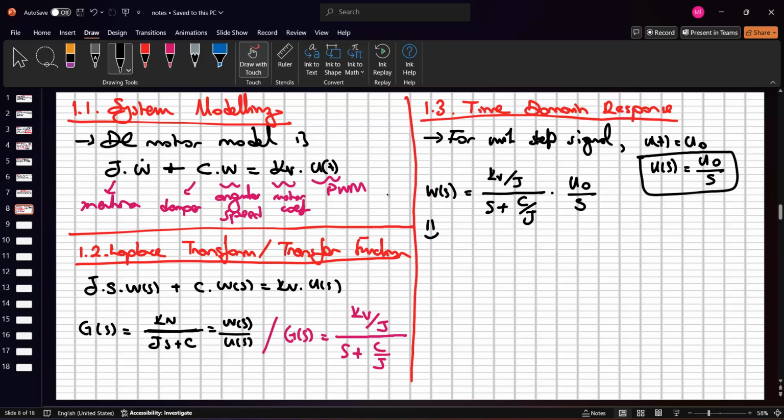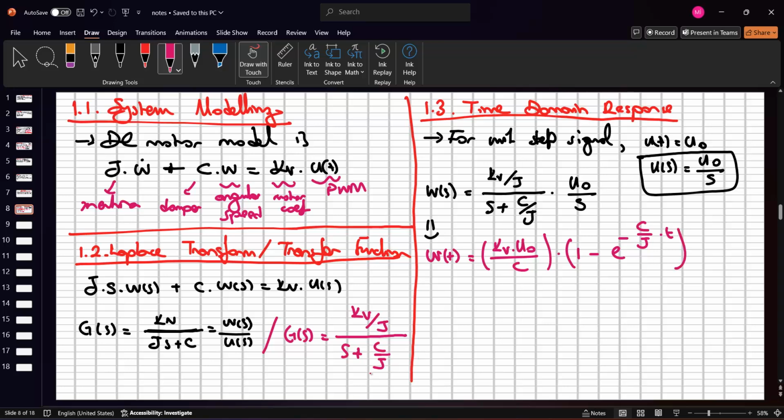And so in the time domain, if we solve this equation, we will have this one. w(t) is equal to K_v times u0 divided by C, times 1 minus exponential of minus C divided by J times t.